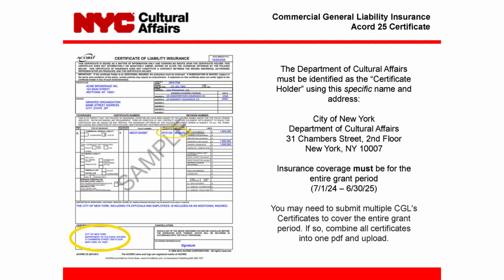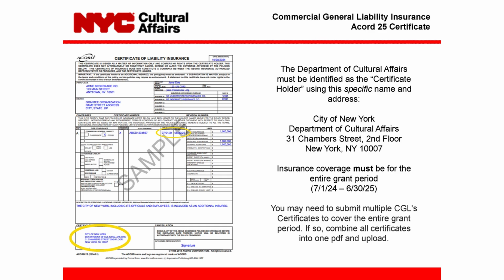If insurance for the entire grant period has not yet been acquired, the certificates by your organization must cover at minimum July 1st, 2024 through the date you submit your grant materials. If you are submitting two certificates, please combine them into a single PDF and upload them to the CGL field in the portal.